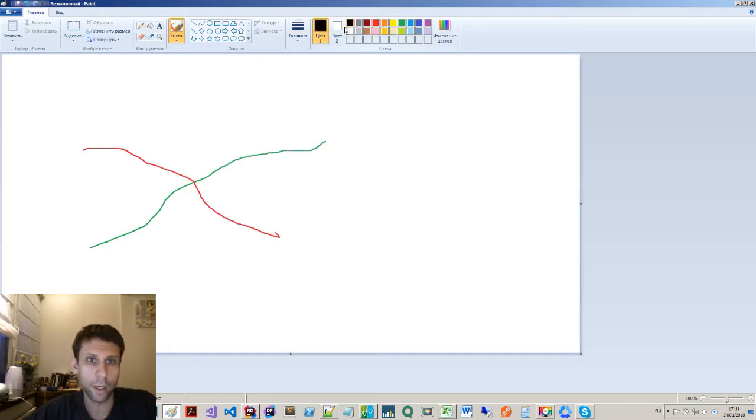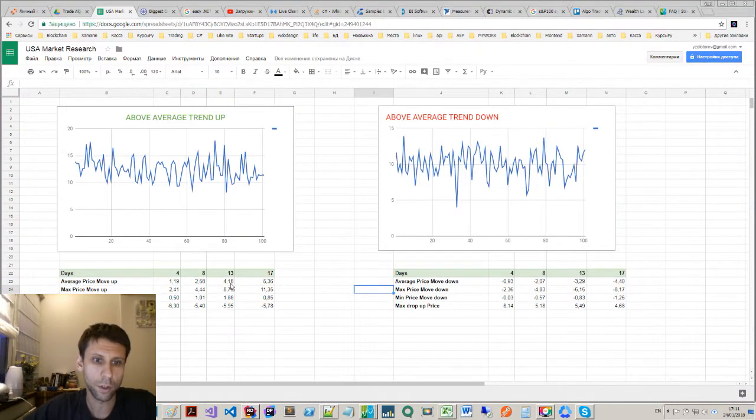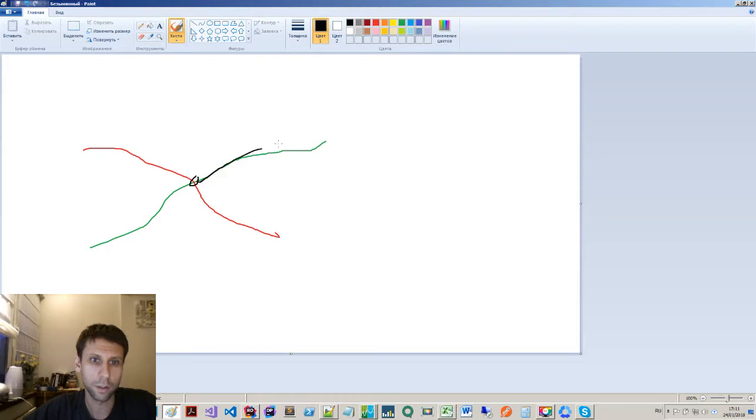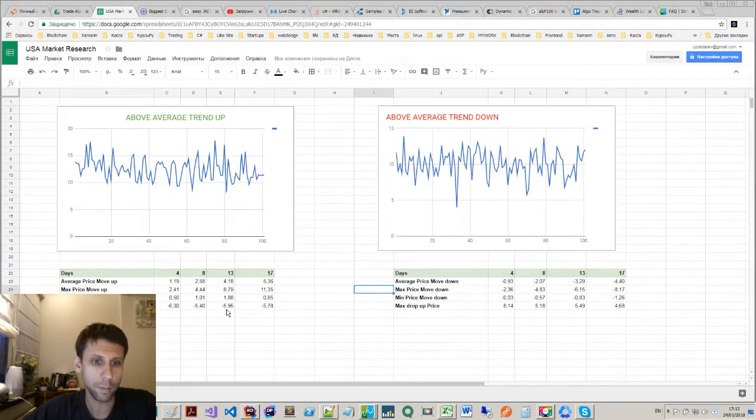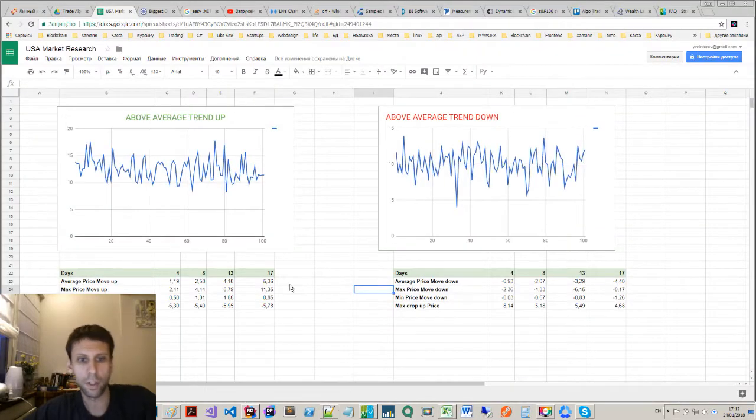So we enter the market right here, and why don't we just quit in 13 bars? We'll just wait 13 bars, and we place a stop at, say, 6%. Let's see how many of the max move ups we're going to get.